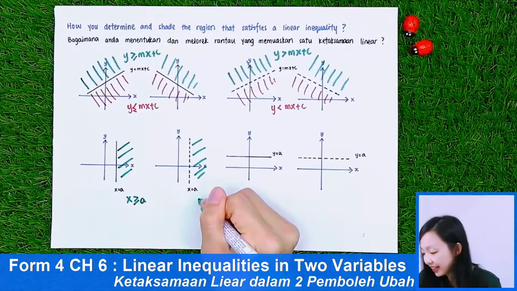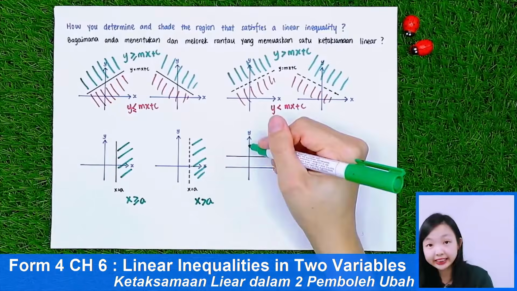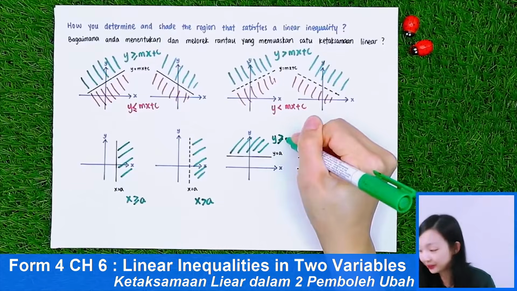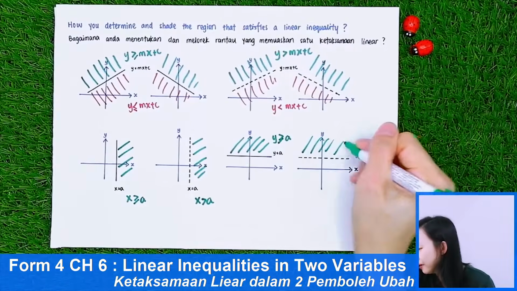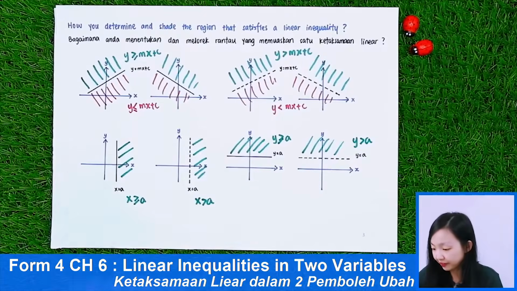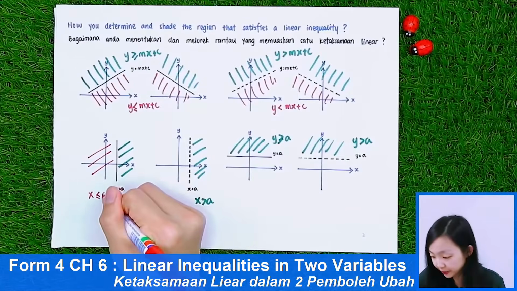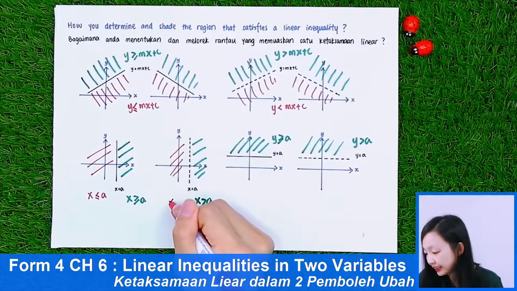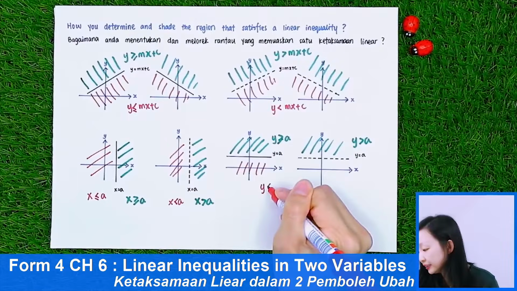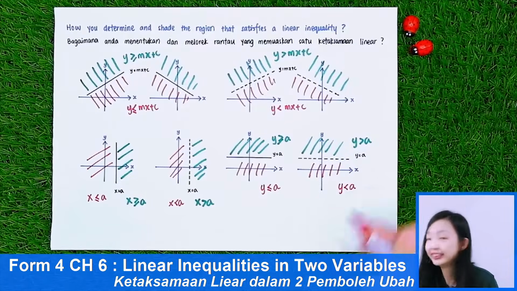And now here x is greater than a. How about here? Here y is greater than or equal to a. And here y is greater than a. So it will be the opposite. From here, x is smaller than or equal to a. And here x is smaller than a. And here y is smaller than or equal to a. And here y is smaller than a.